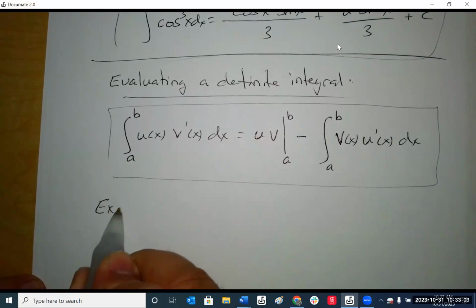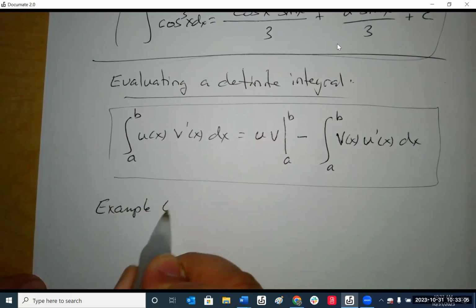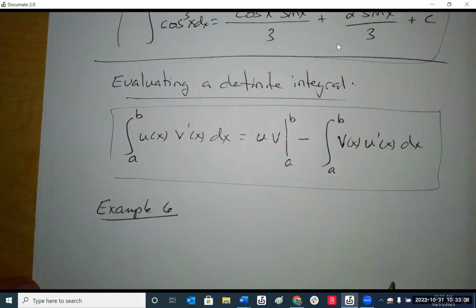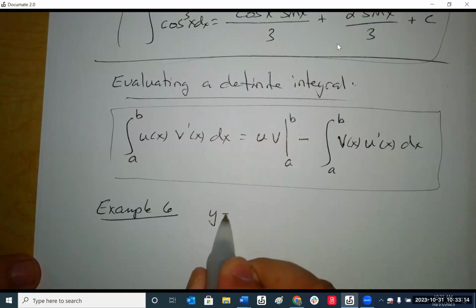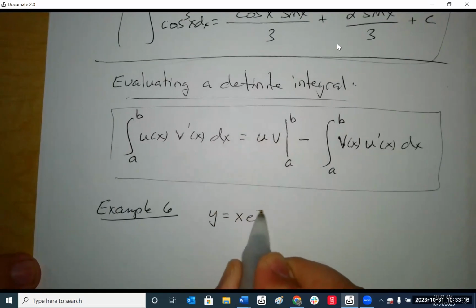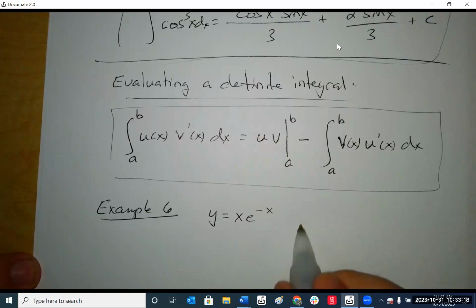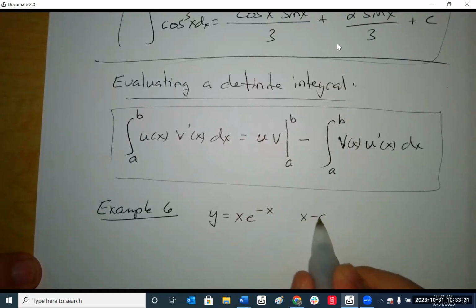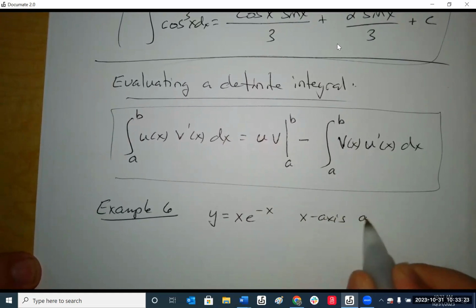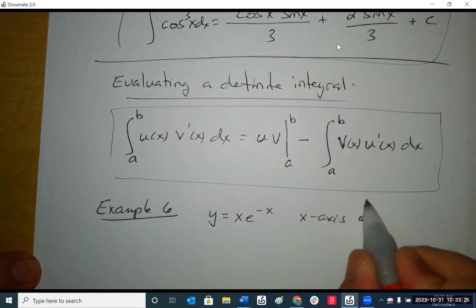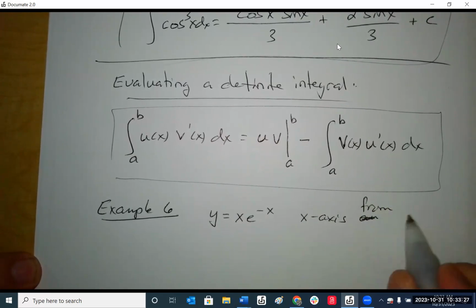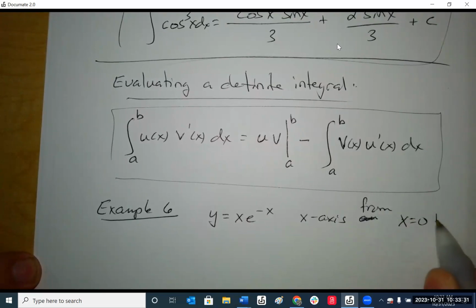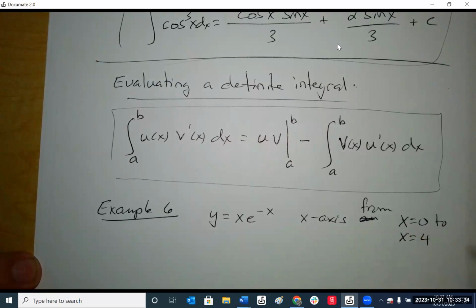In example 6, it said, find the area of our function y equals x e^(-x) between the x-axis and the function from x equals 0 to x equals 4.